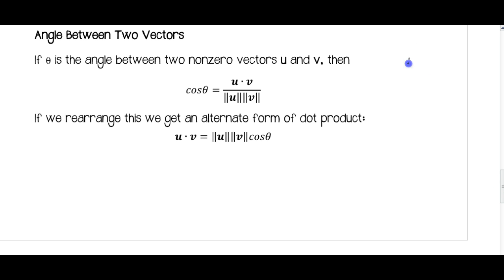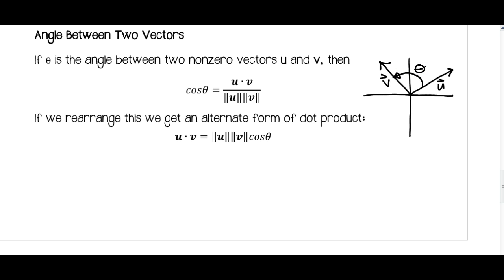So basically, if I have two vectors, u and v, so here's u, and if I have v over here, then the angle between the two vectors would look like this.